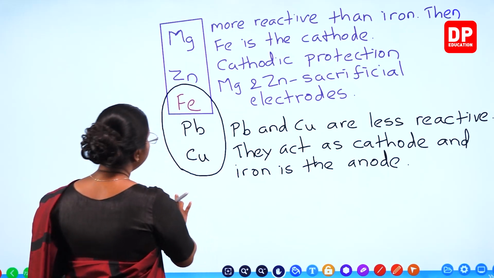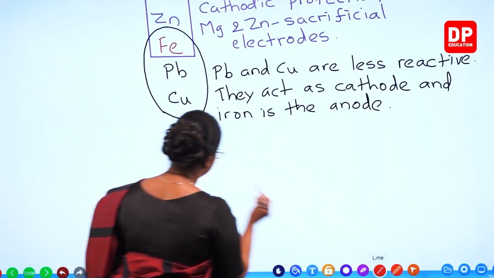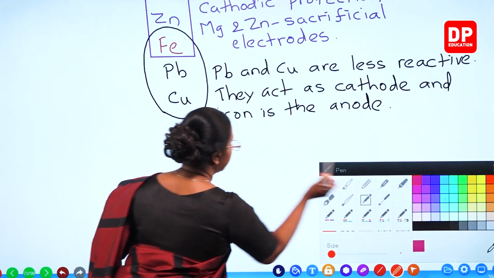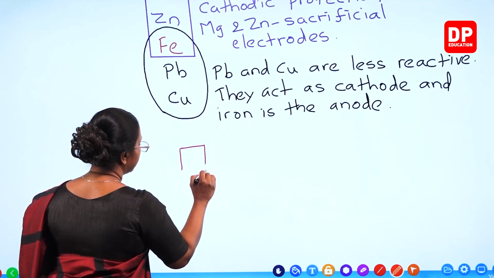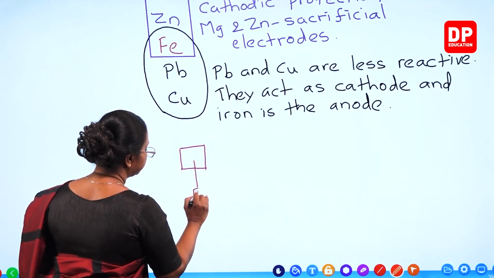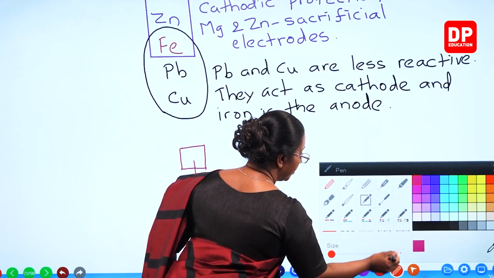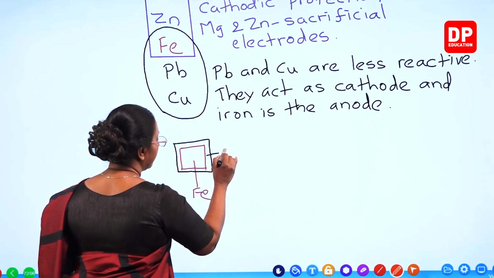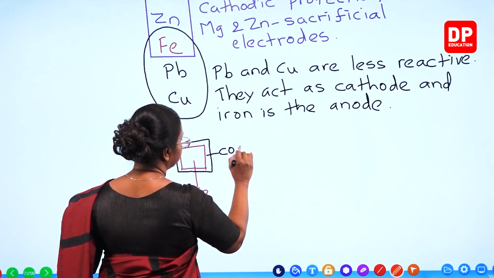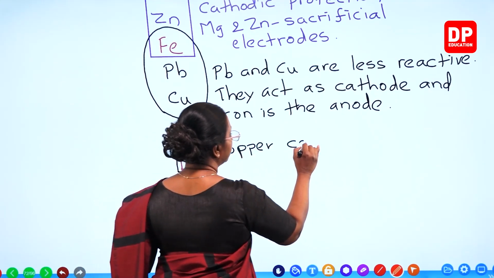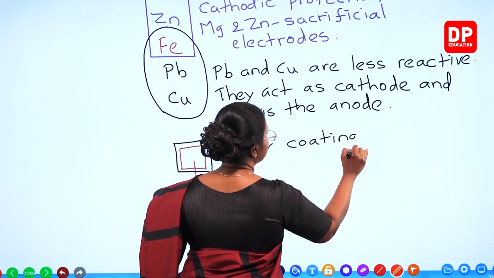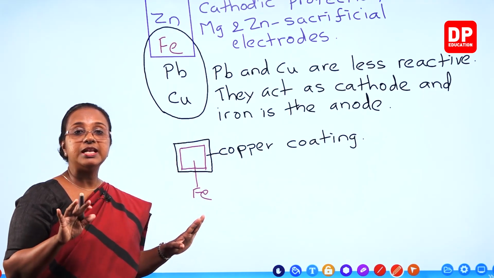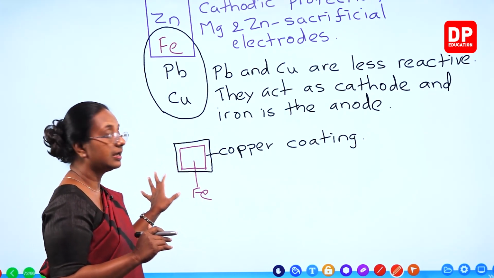So, if you have, let's say, a small object made of iron, and onto that we have a copper coating. When there is the copper coating, there is no contact of oxygen and water with iron.